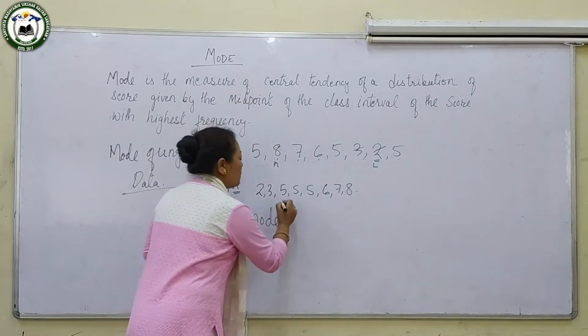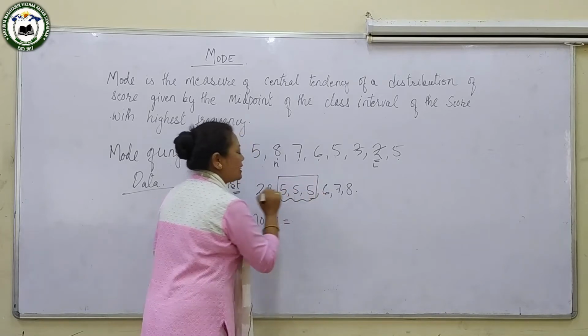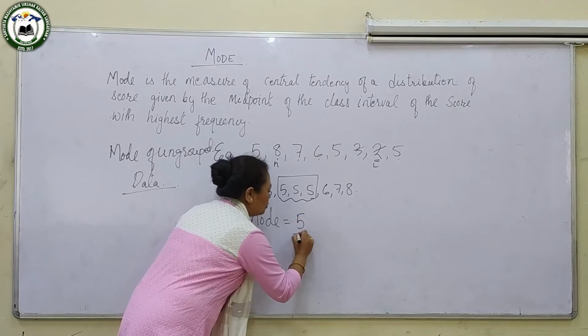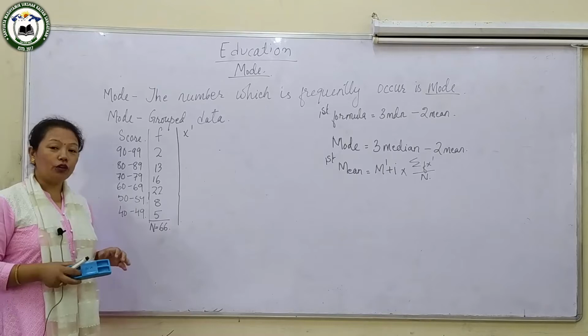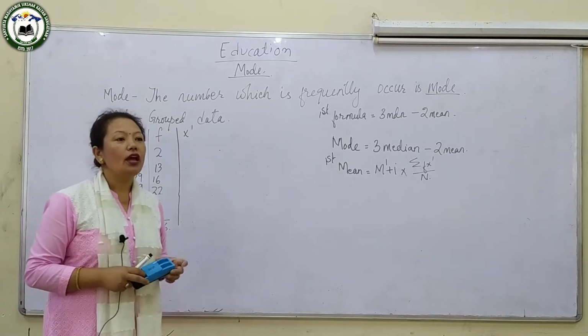So here my mode is 5 because 5 is repeated 3 times. So the answer for the mode is 5. I hope you know how to find the mode of the individual score.